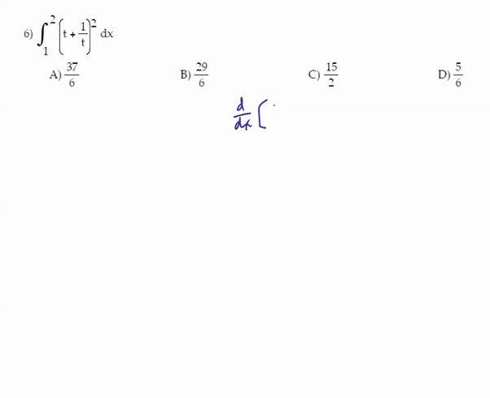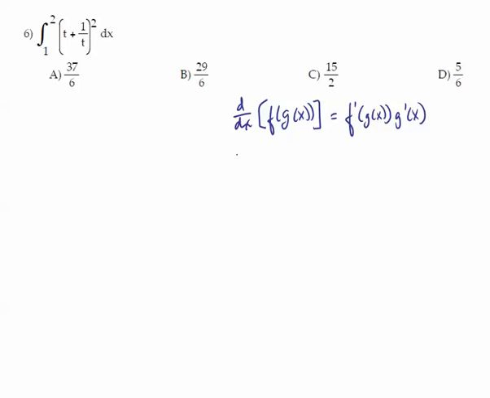If you go back to derivatives, the derivative of f of g of x, the function composition, using the chain rule would be take the derivative of the outside, leave the inside alone, times the derivative of the inside, and then we're done.